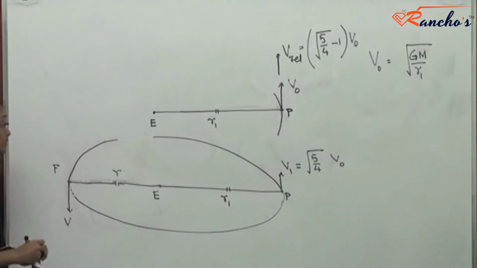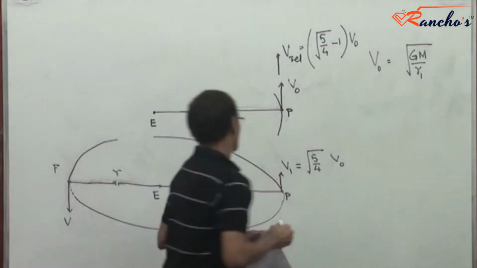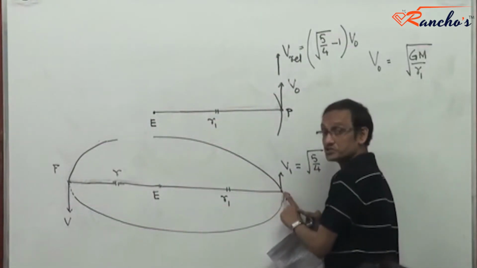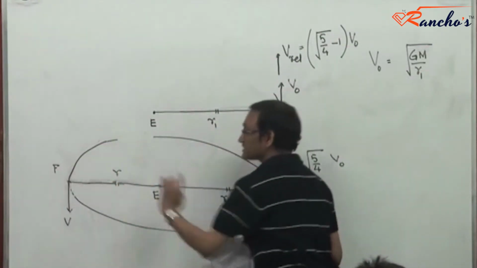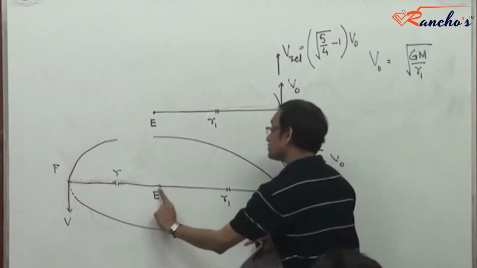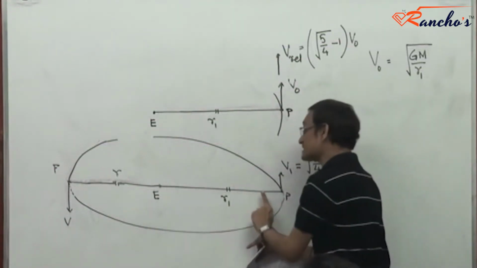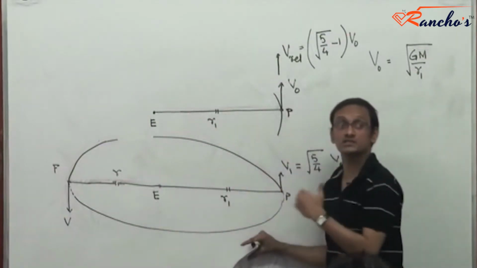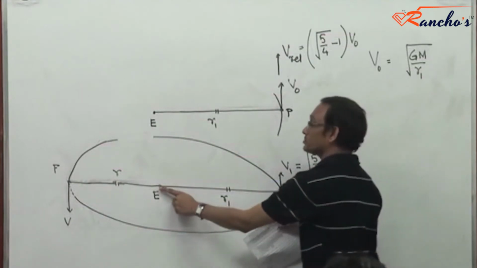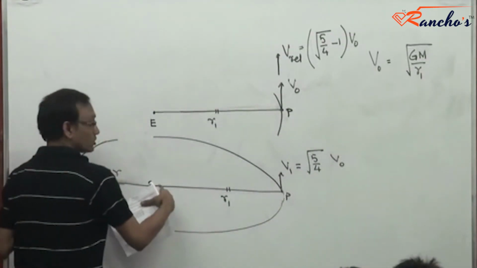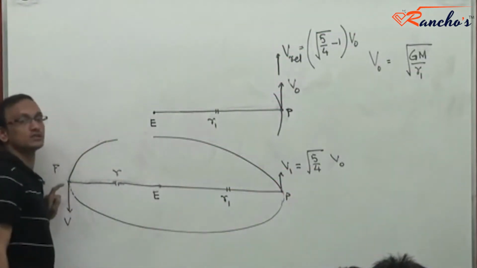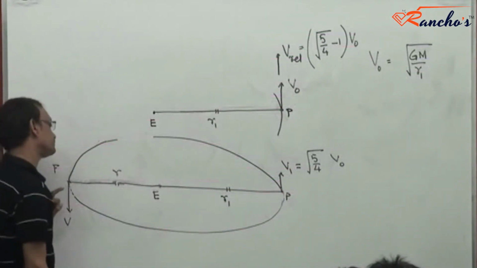Now, I need to tell you that in two instances, one when it's closest to the Earth, two when it's farthest from the Earth, the velocities would be perpendicular to the distances from the Earth. This V1 would be perpendicular to R1 and this V would be perpendicular to R. At no other point other than these two extremities will this happen.